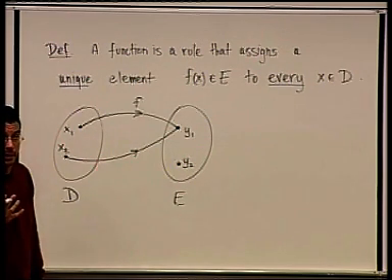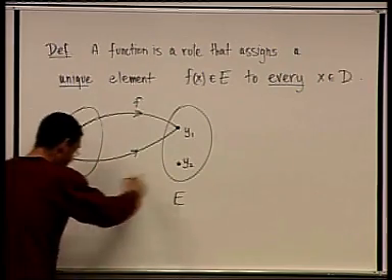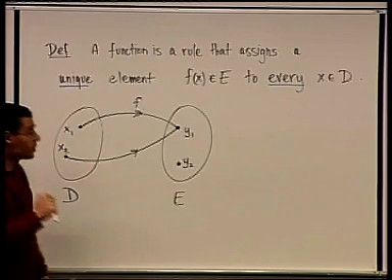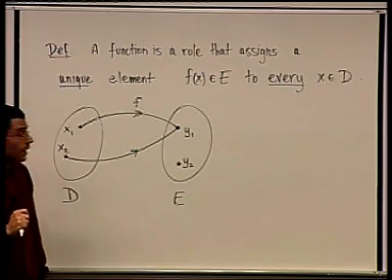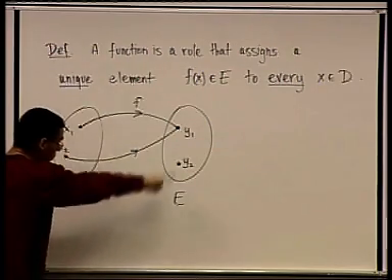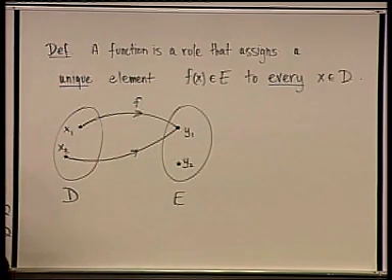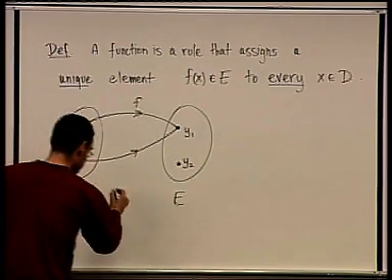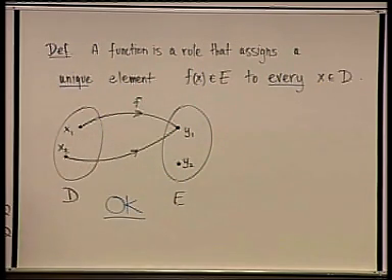For example, if you take -2, there's no arrow coming into -2 if that f is x squared. Nothing squared gives you -2. Do you agree? Okay? So these two things that happened here, these two phenomena, are legitimate in the definition of a function. Let me express that by writing here, okay. This is okay. It could happen.